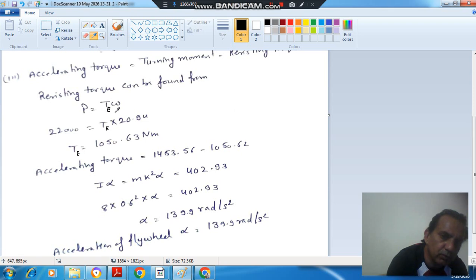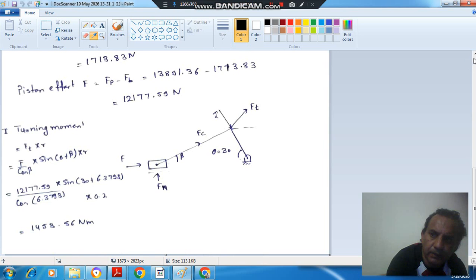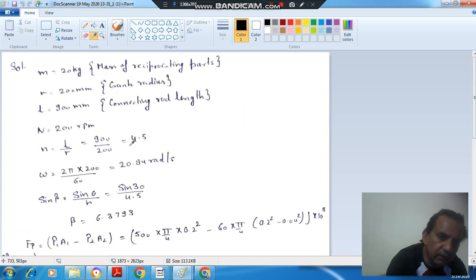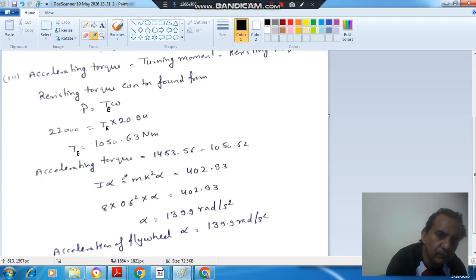The speed is 200 RPM, which we have calculated as 20.94 radian per second. We can calculate this engine torque T, which will come out as 1050.6.